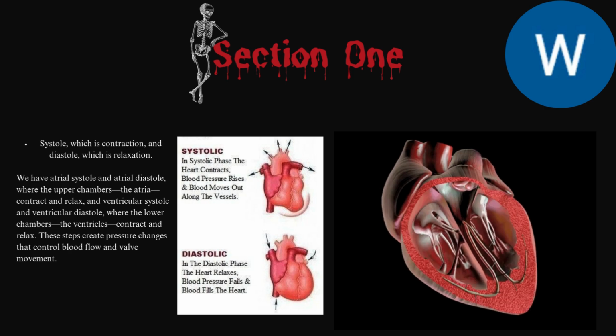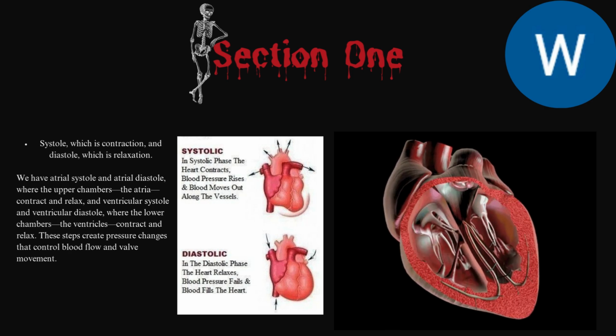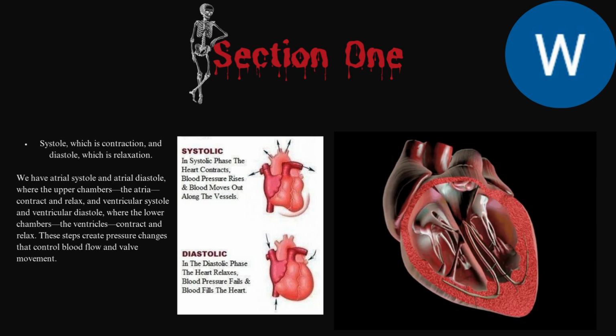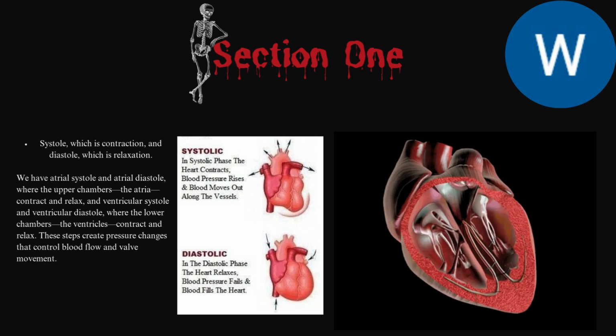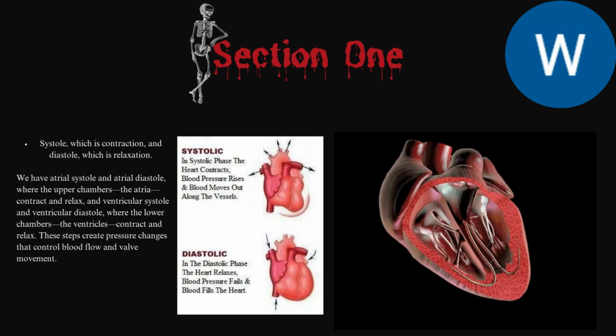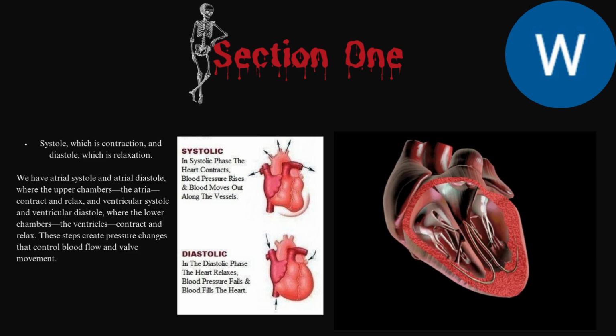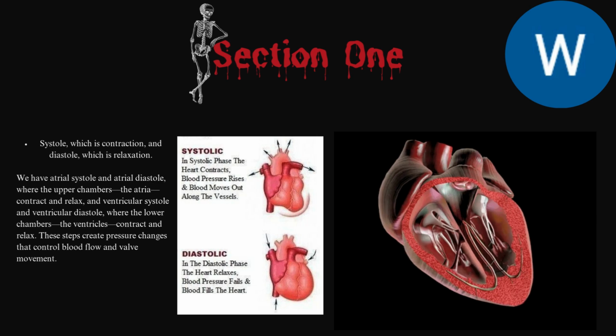Okay, so we have the atrial systole and the atrial diastole. This is where the upper chambers, the atria, in the third GIF, you can see the atria contracting and relaxing.